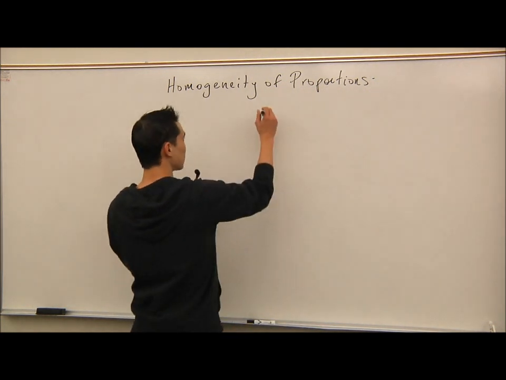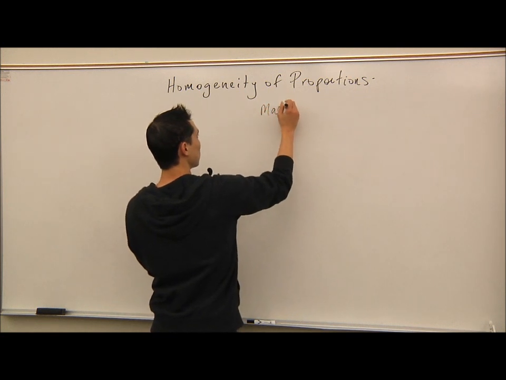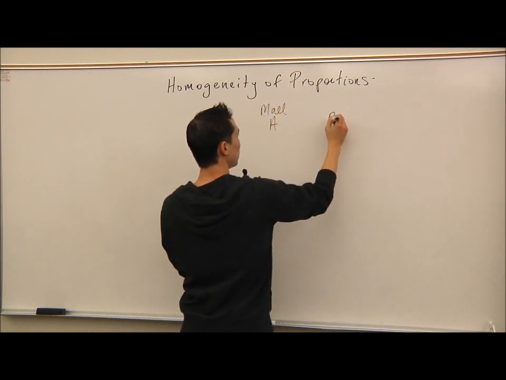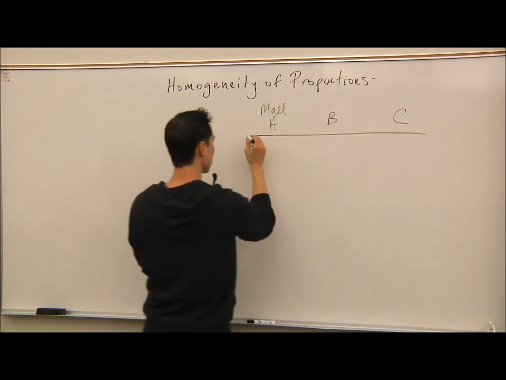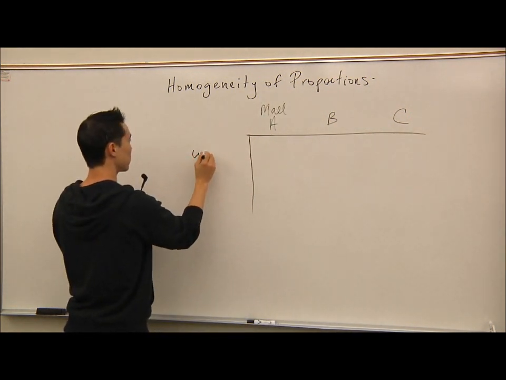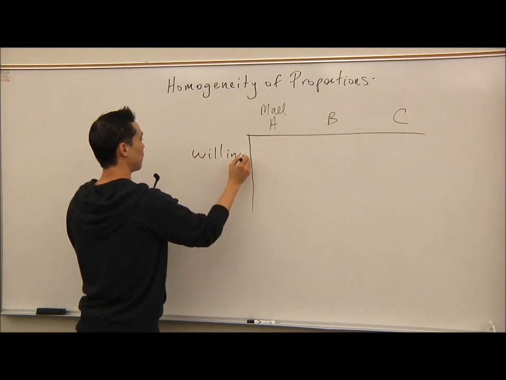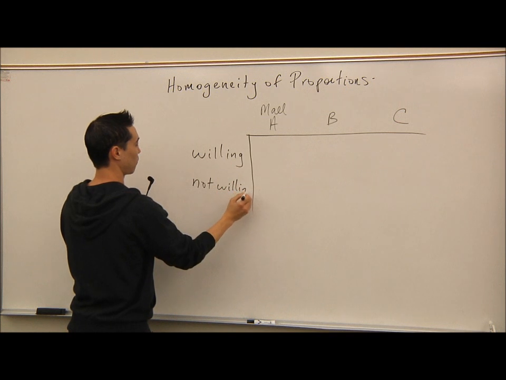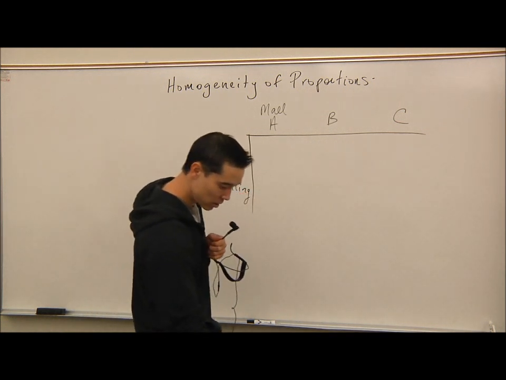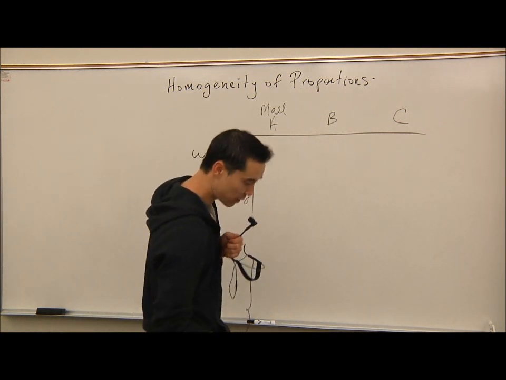So we have 3 malls. Mall A, Mall B, Mall C. And they asked people if they'd be willing to participate in a survey. So we have people that are willing and not willing. Okay, let me give you the actual numbers. So the first row is 52, 45, 36.